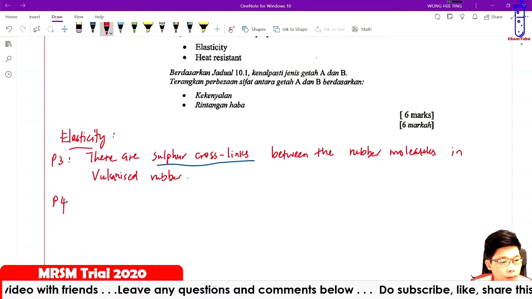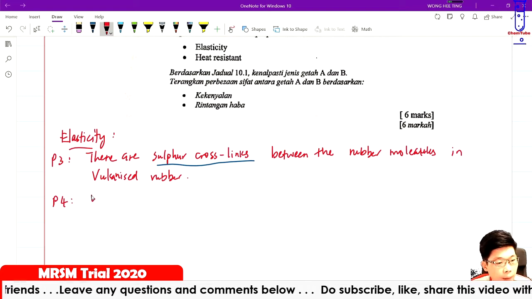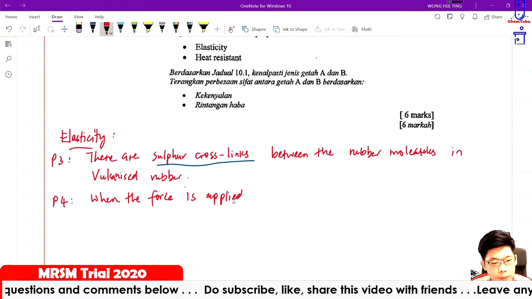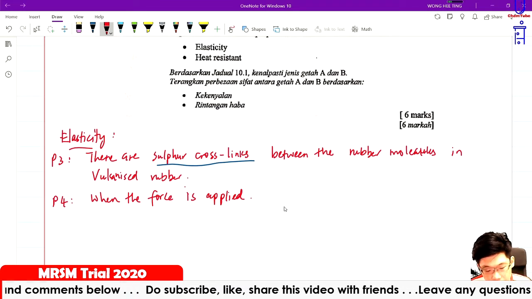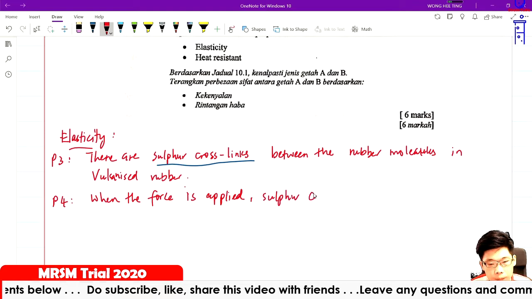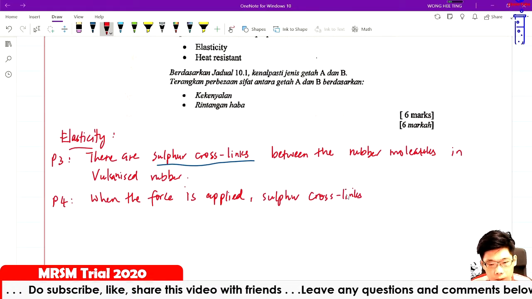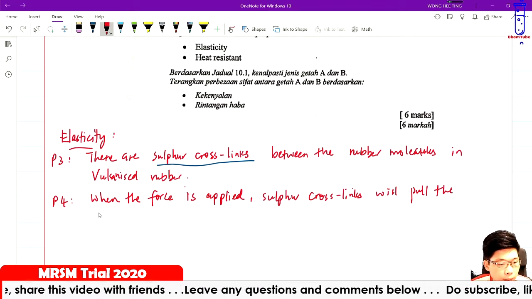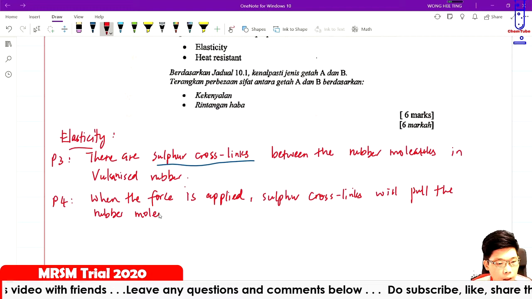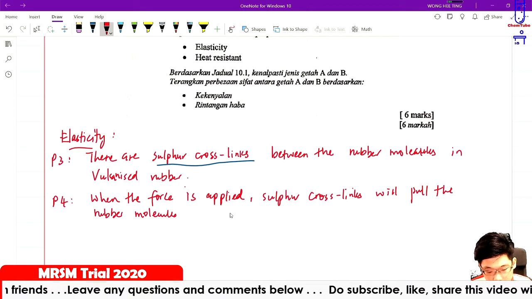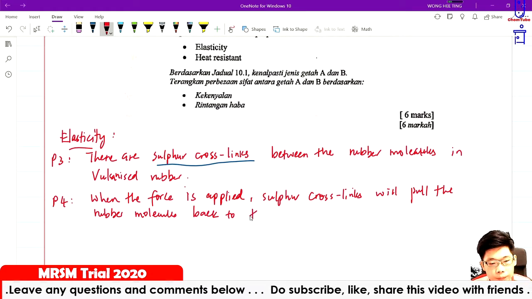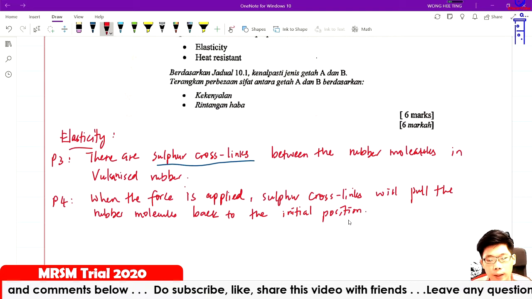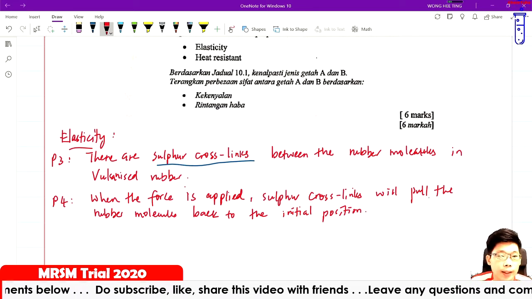Point number 4: when a force is applied, the sulfur cross links will pull the rubber molecules back to the initial position, or initial place. So that is why it is more elastic.